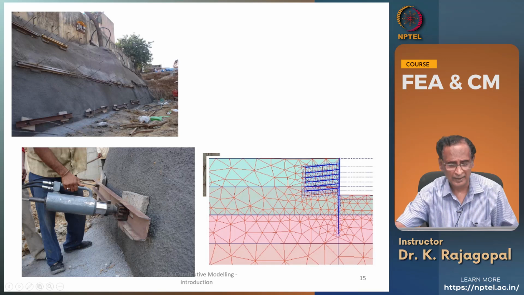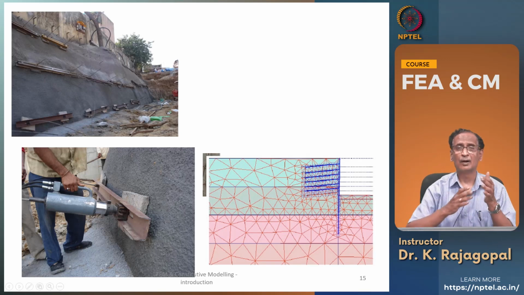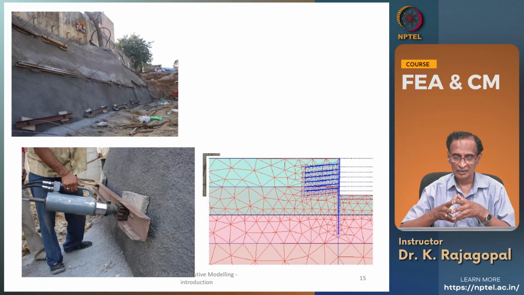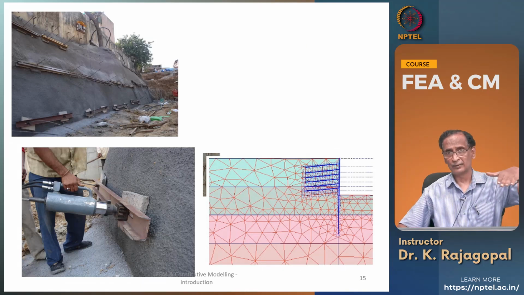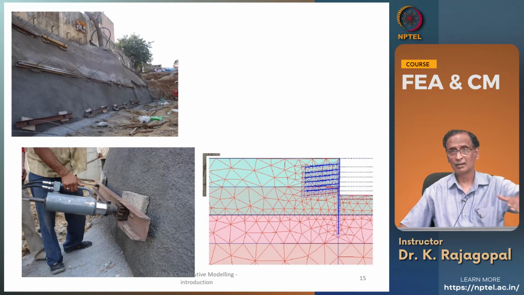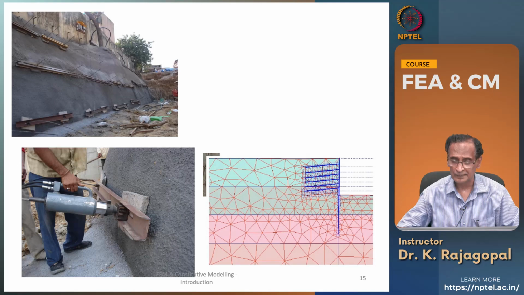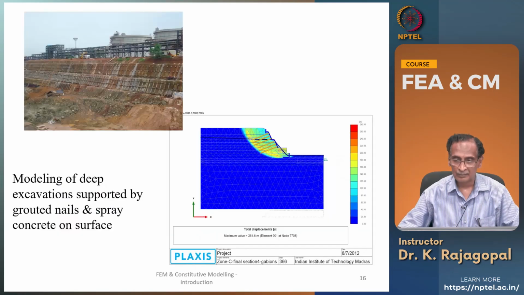Exactly, we can follow the same sequence as we follow in the construction. After you install the first row of nails, you go for further excavation, and then install the second row of nails, and so on.